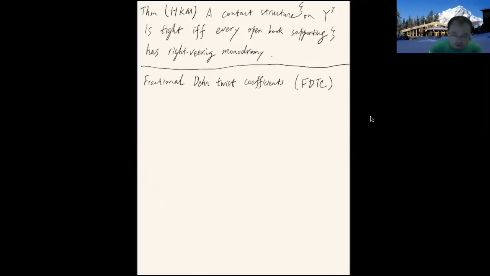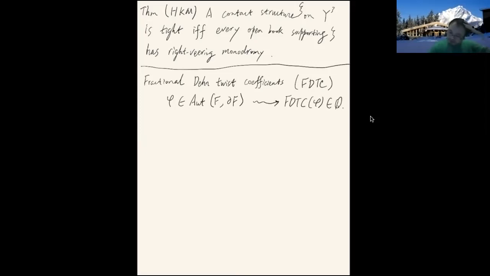This is defined if you have phi, let's say an automorphism of F that restricts to the identity on the boundary, and then the FDTC of phi is a rational number.